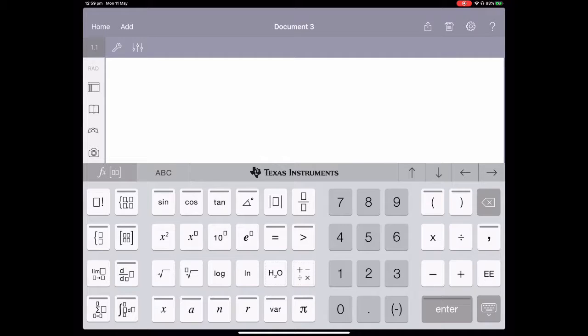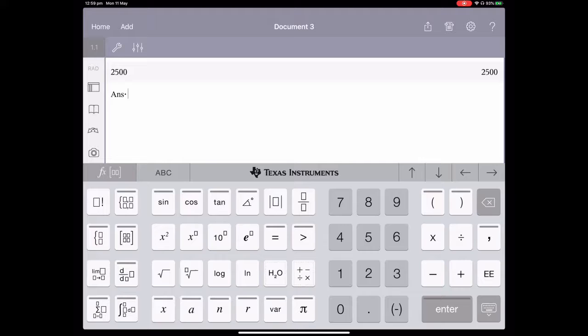So I'm going to type in 2,500 and I'm going to press enter. That's V0. Now what I'm going to do is take that answer, multiply it by 1.08. So when I press times, you see how it says answer.